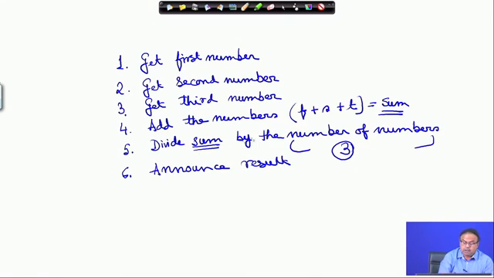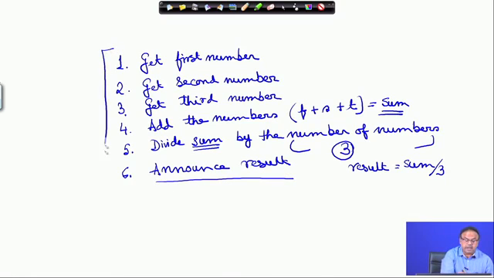So, this one divides the sum by the number of numbers. Something like this: result is equal to sum divided by 3 in this case, right, and announce result.